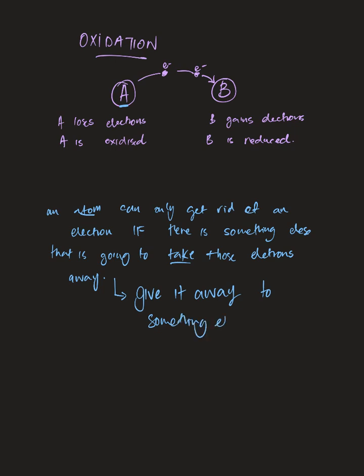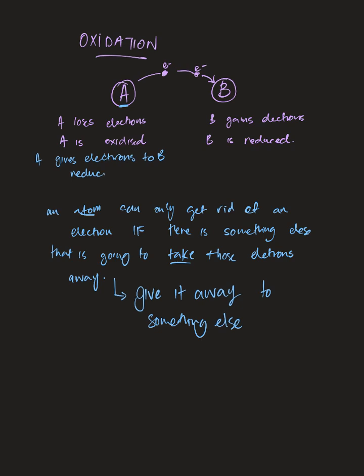So in this situation here, what's happening is that A gives electrons to B, right? And remember, if something is going to gain electrons, it's going to be reduced. So A gives electrons to B, and what the result is of that is that it reduces it, right?